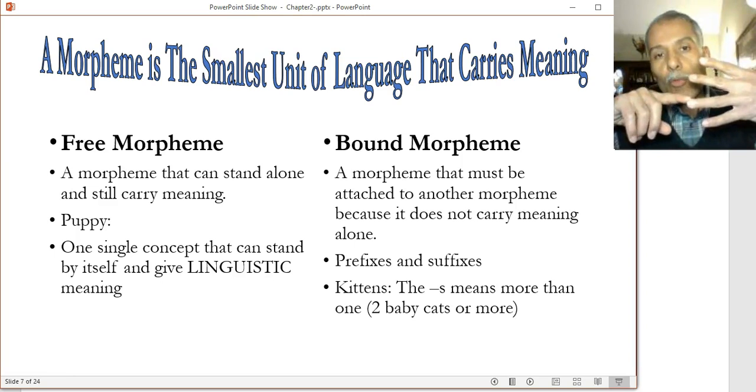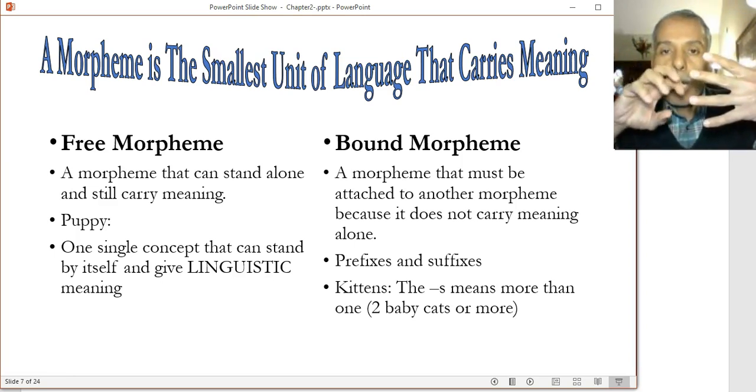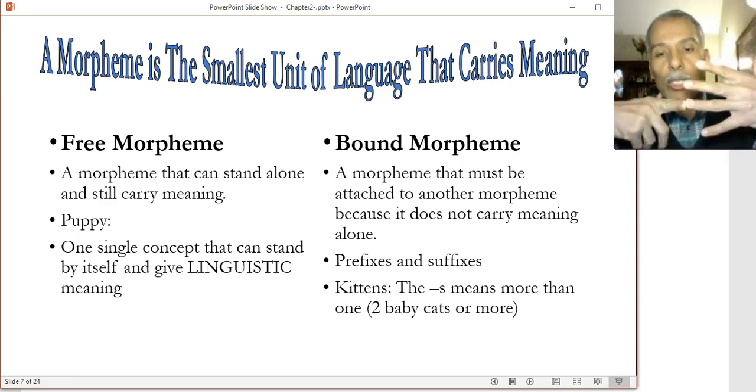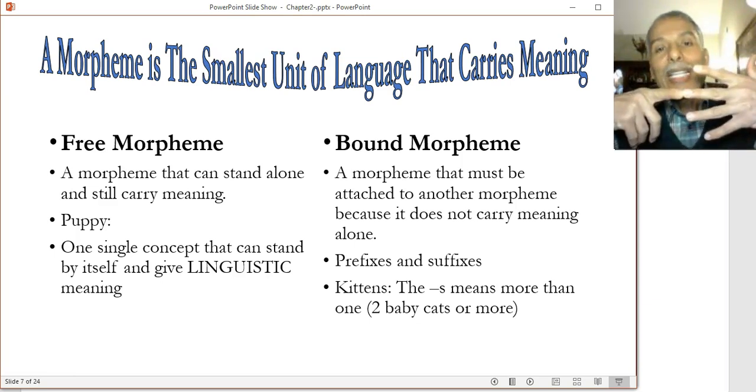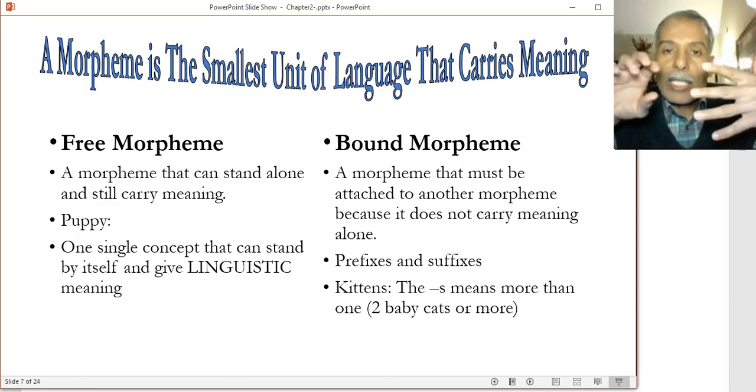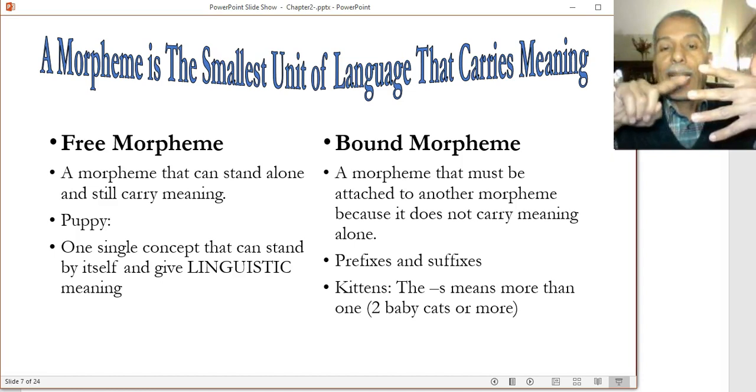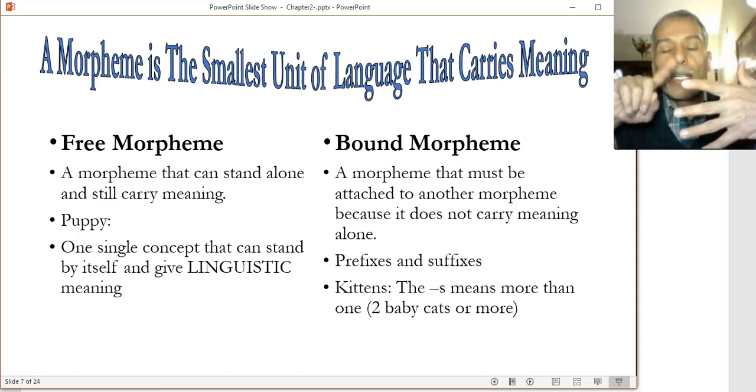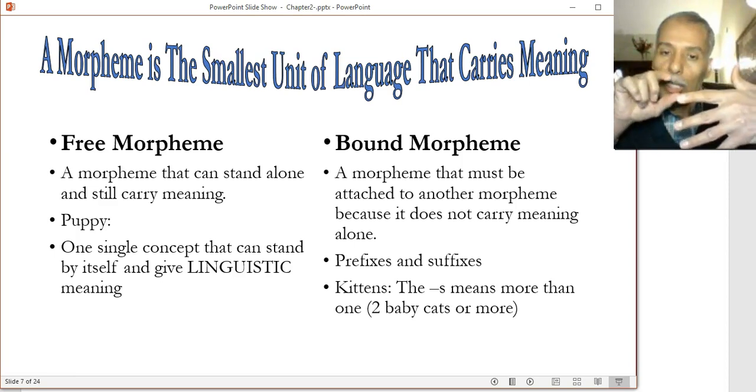Then morphology is the science of words. You have whole words that give you linguistic meaning. Then you have semantics, which has to do with all aspects of meaning in words and in sentences. And then you have syntax, which is the grammar, the rules of that language.